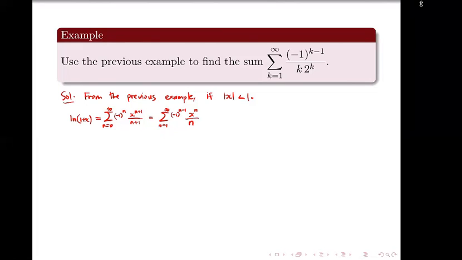Follow? So how are we going to use this to find this sum here?